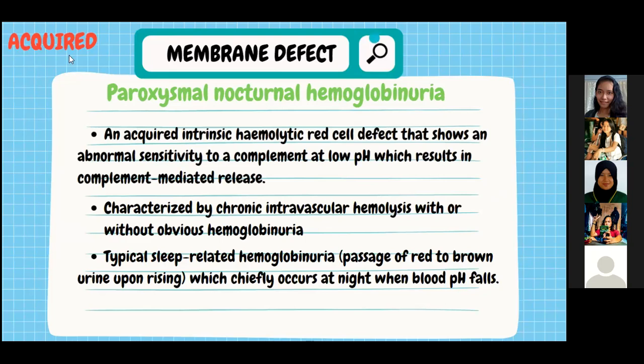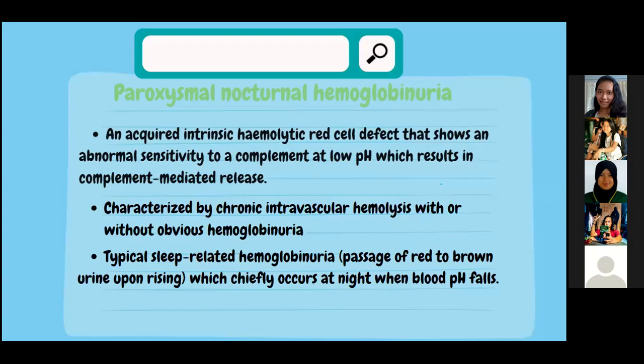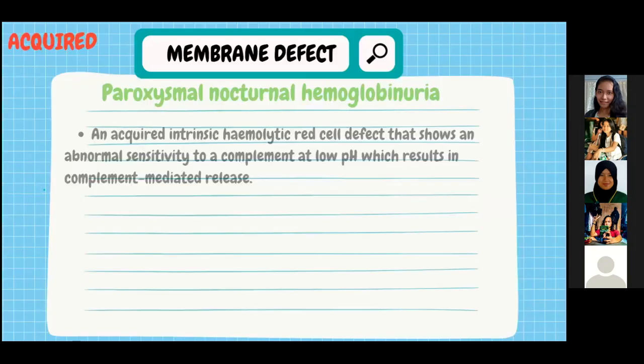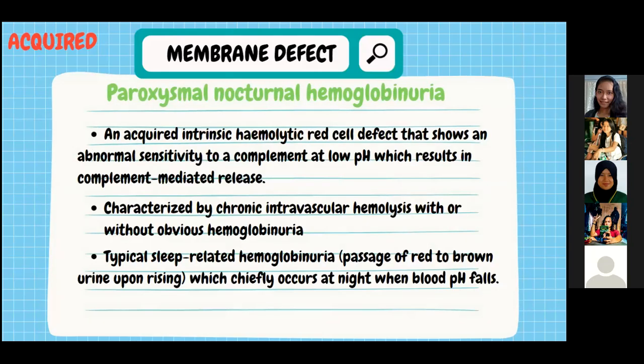So, membrane defect in paroxysmal nocturnal hemoglobinuria or PNH. It is an acquired intrinsic hemolytic red cell defect that shows an abnormal sensitivity to complement at low pH, which results in complement-mediated hemolysis.